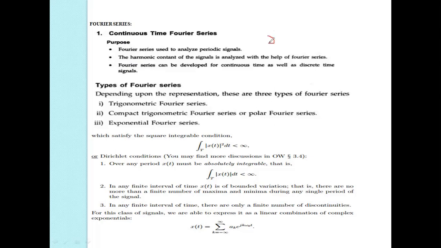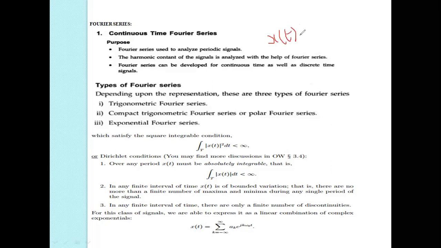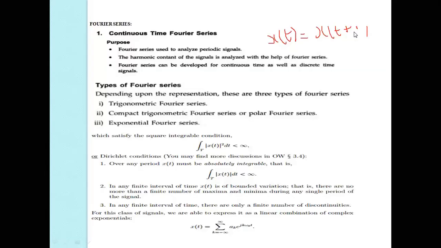We know the periodic signal condition: x of t is equal to x of t plus capital T for continuous time, or otherwise, for a discrete-time function, x of n is equal to x of n plus capital N, where capital T is the fundamental period and capital N is also the fundamental period.